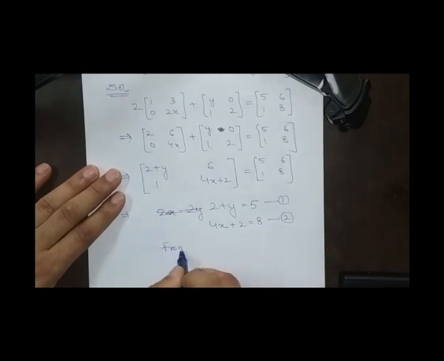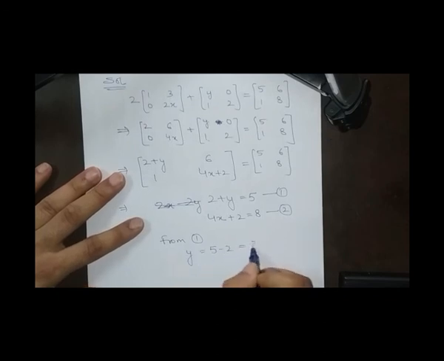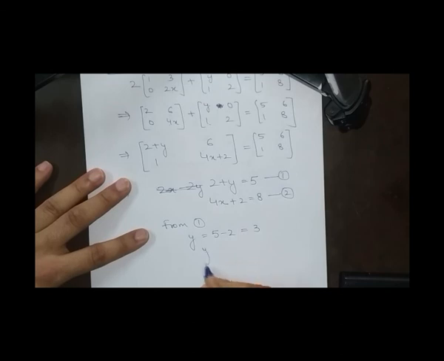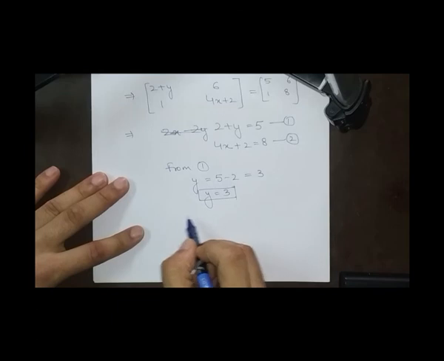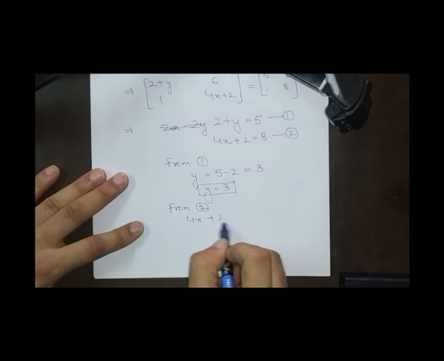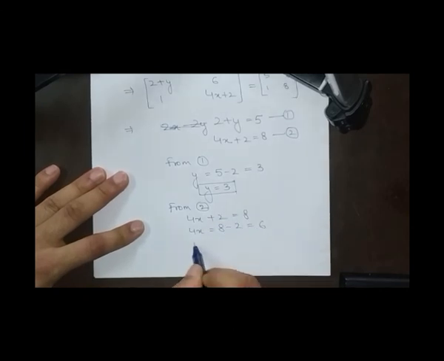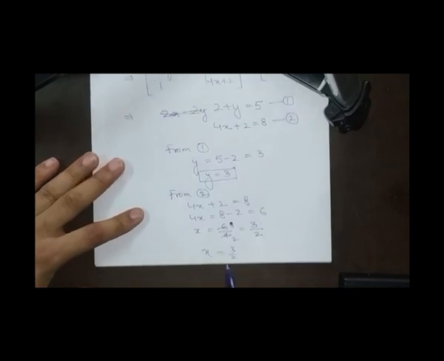From equation 1, y is equal to 5 minus 2, which is further equal to 3, so y is equal to 3. Now from equation 2, 4x plus 2 is equal to 8, 4x is equal to 8 minus 2 is equal to 6, and x is further equal to 6 by 4, which is further equal to 3 by 2. So x is equal to 3 by 2.